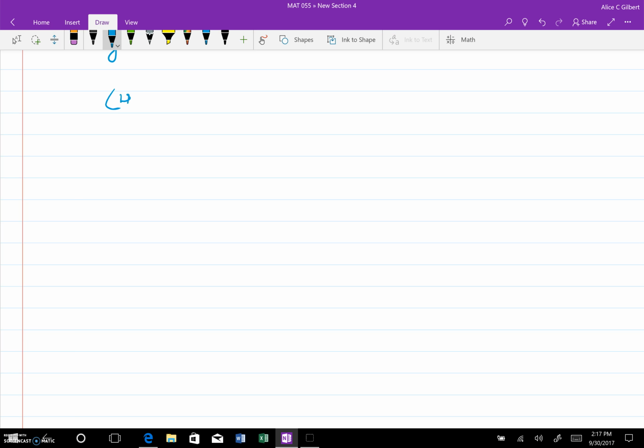Well, let's look at this. The quantity 4 minus the square root of 7 times the quantity 4 plus the square root of 7. Well, guess what, guys? It's a difference of squares. My x's are the same. My y's are the same. My signs are different. So I take my x, which is 4, and square it. That's 16.